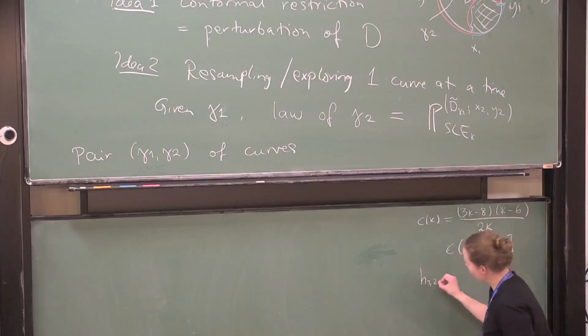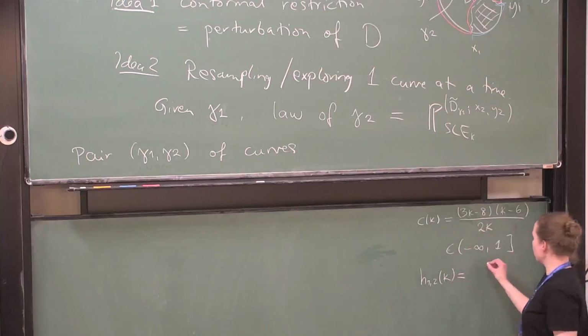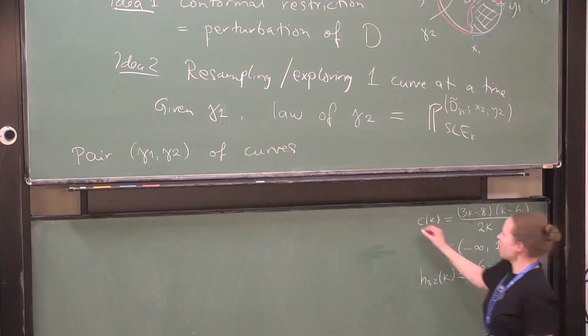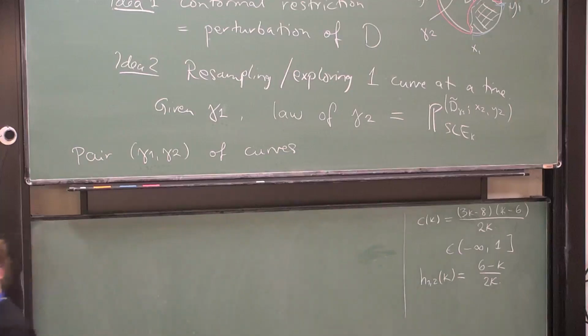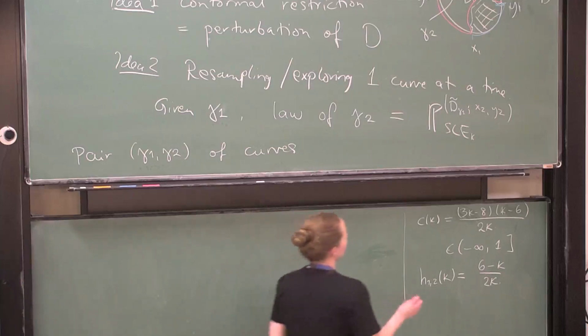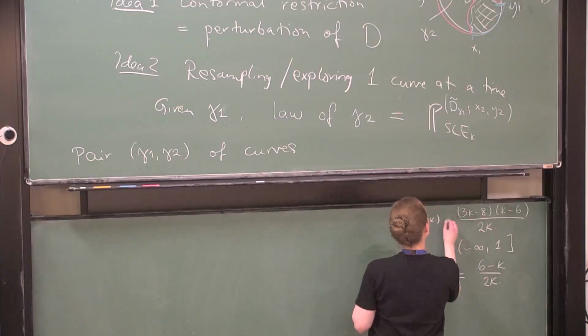And h, let's see. Modulo some sign, it is something like this. It is the other sign. I think it's missing some sign, probably. Always like that. Yeah, for the h, c of kappa, 6 minus kappa. Okay.